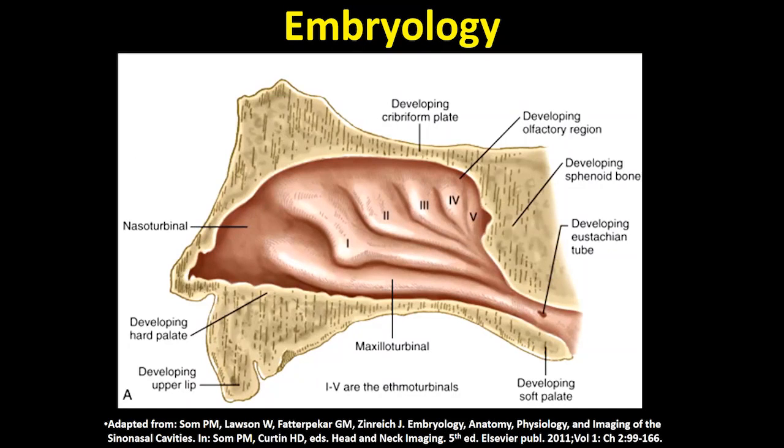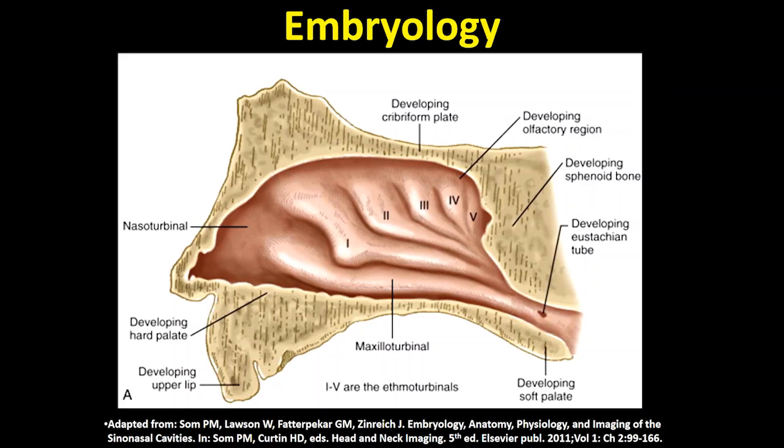With further mesenchymal differentiation along the lateral nasal process, there are 6 major furrows with their corresponding ridges which develop, called the ethmoturbinals, of which the maxilloturbinal is the largest. Each of these can be divided into an anterior ascending and a posterior descending, or a more horizontal portion.